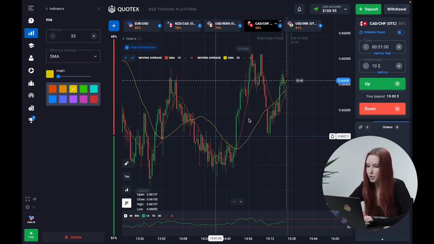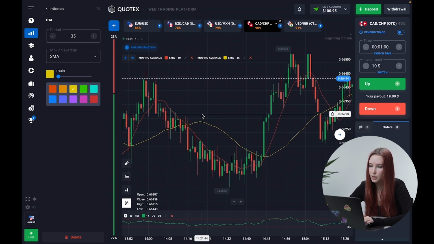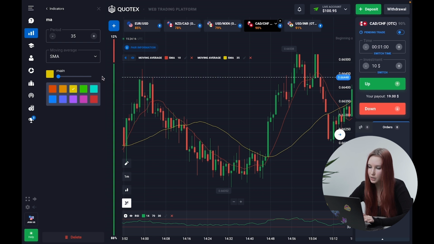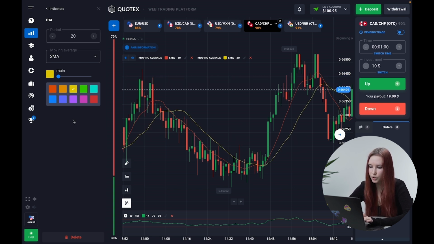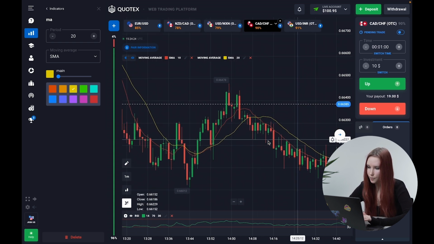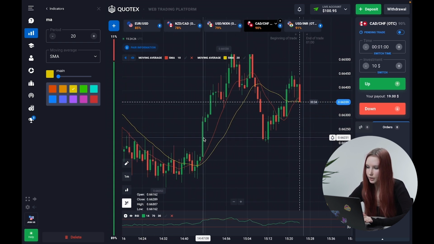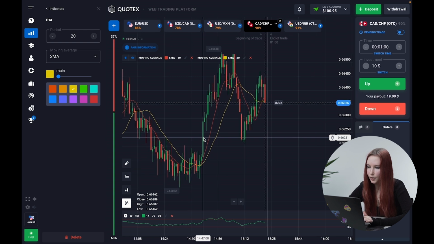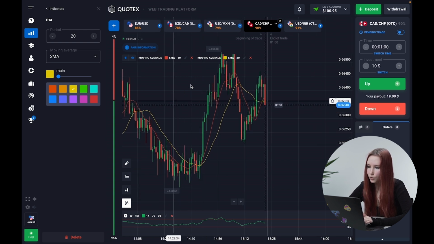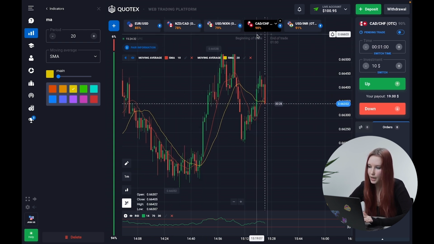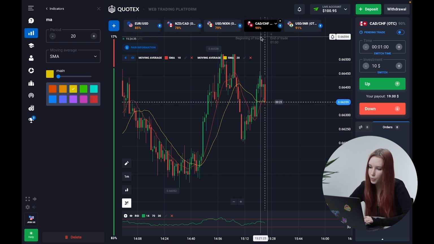The key aspect of this strategy is this intersection of moving average lines. Let me check what will happen if I put 20 here. Yeah, it's much more sensitive to the price change. I'll keep 20, one with a period of 10 and another with a period of 20.